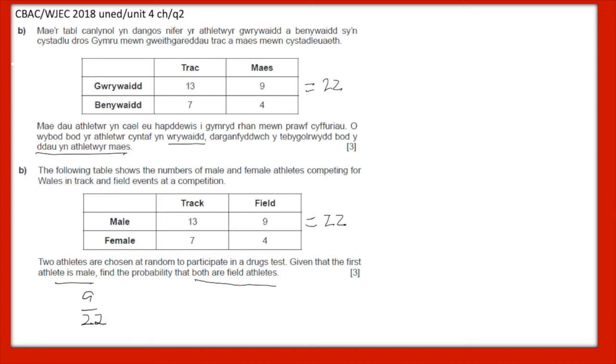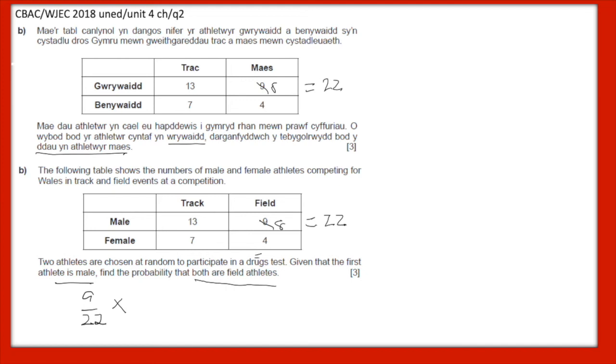And for the second athlete that I choose, again I've got this and coming in, and a multiplication I'm going to look for here. Remember that I've chosen an athlete and I haven't replaced it, so it is conditional probability. So I've taken one from here. So there's only 8 male athletes left, but I'm not interested in whether it's a male athlete or a female athlete, as long as it is a field athlete.